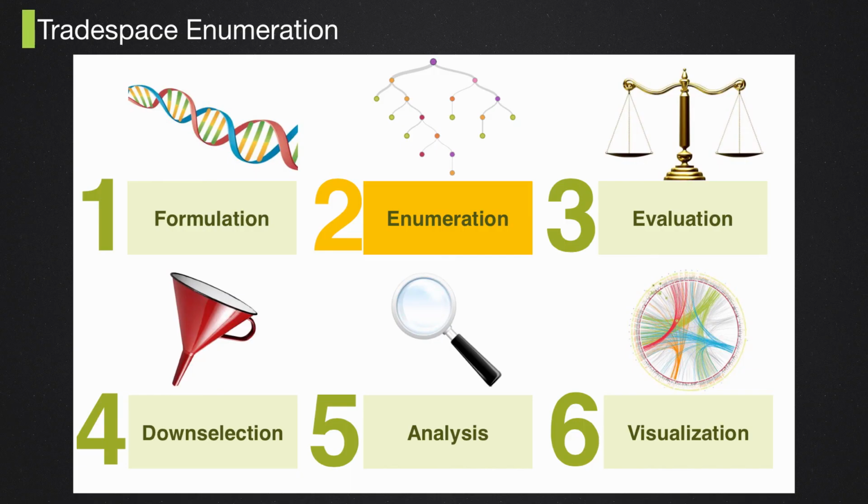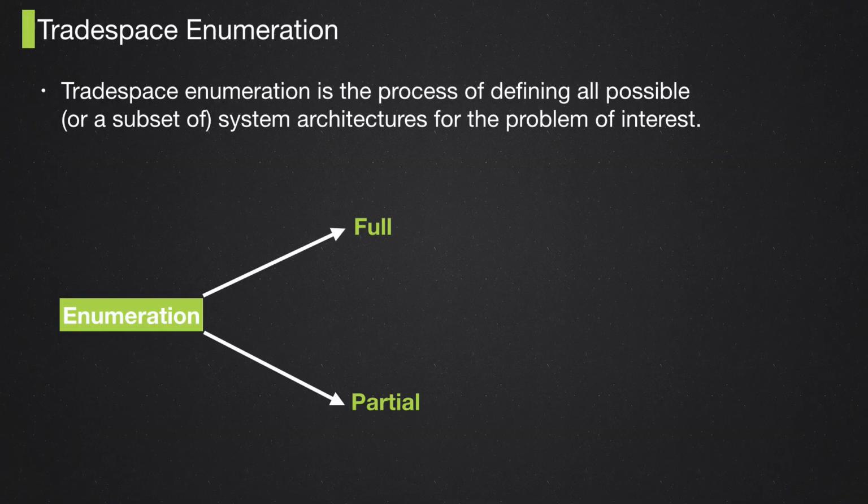Now, let's talk about step number 2, enumeration. Again, in the first step, you formulate the architecture as a set of decision variables, and for each decision variable, you enumerate possible options, right? In step number 2, you start from this table. You want to enumerate from these decision variables and options all the possible combinations that make sense, which automatically means you're introducing some feasibility constraints, for example, compatibility constraints.